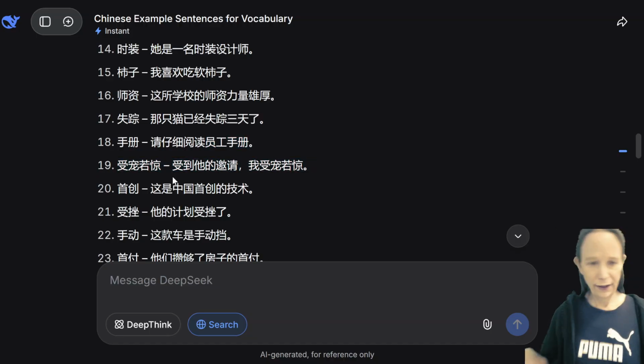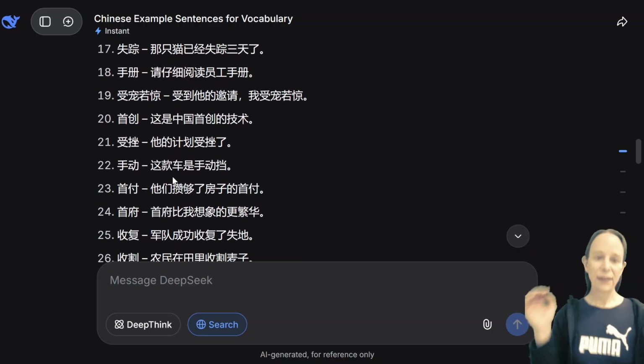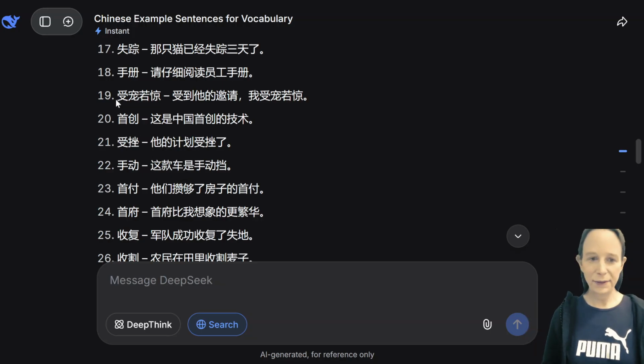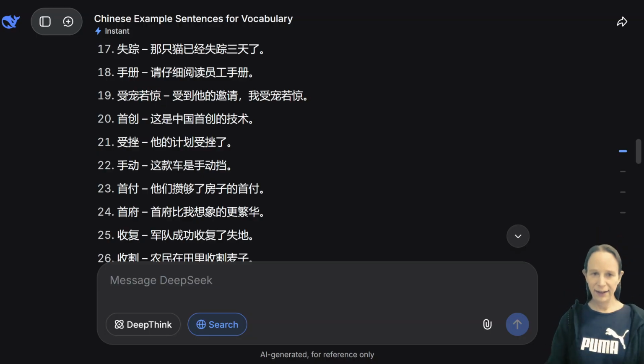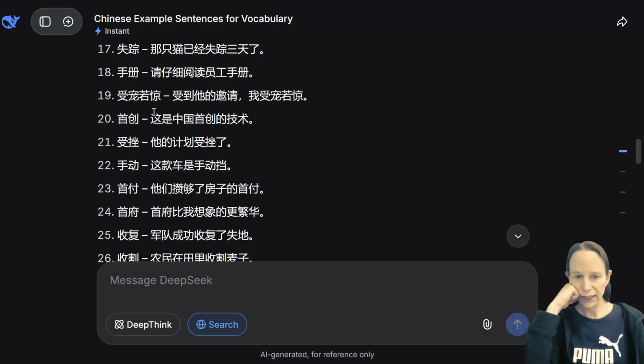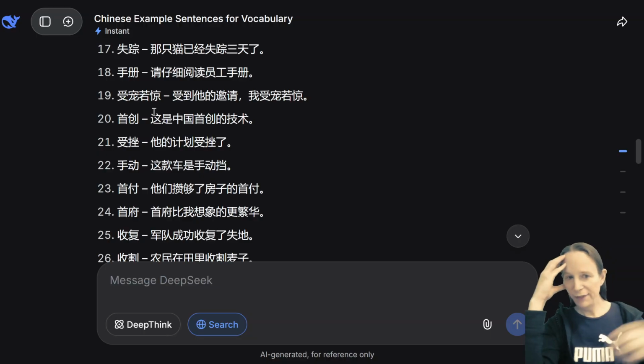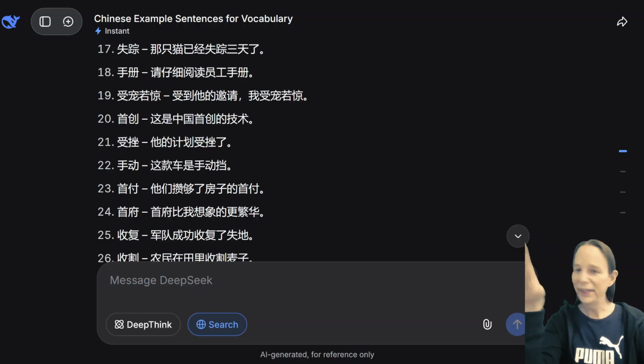All right. We have a 成语. I'm going to be honest, I don't know this one, but 受宠苦惊. No, I retract that. This is not 苦, this is 若. 受宠若惊. All right, so receive a pet, 若 like a surprise. 受宠若惊. So this receive is someone else is doing the action.